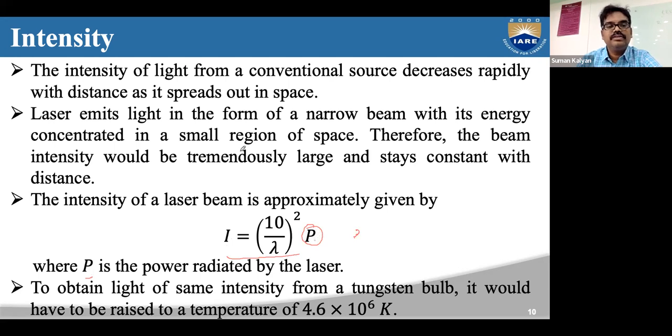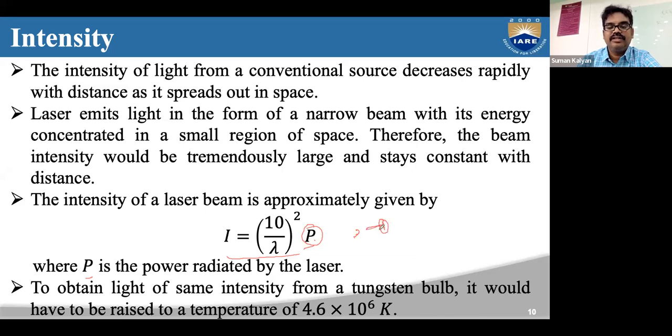How do we measure the power? It is the force experienced. As you can see here, what is the force that is actually applying on a particular area?